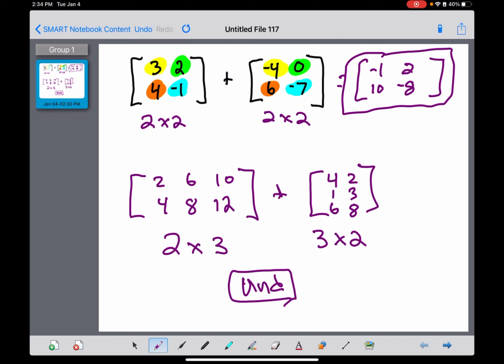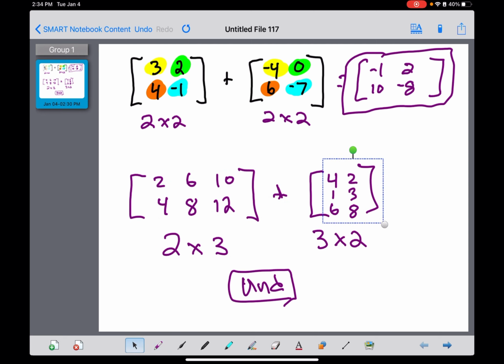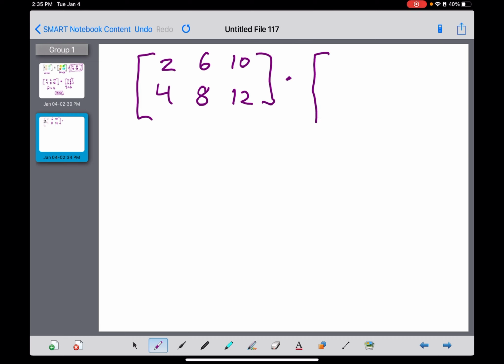If we're going to talk about multiplying, let's reproduce these matrices. I might put different numbers in, so 2, 4, 6, 8, 10, and 12, and I'm going to change the other numbers a little bit because I don't want it to be too bad to multiply.